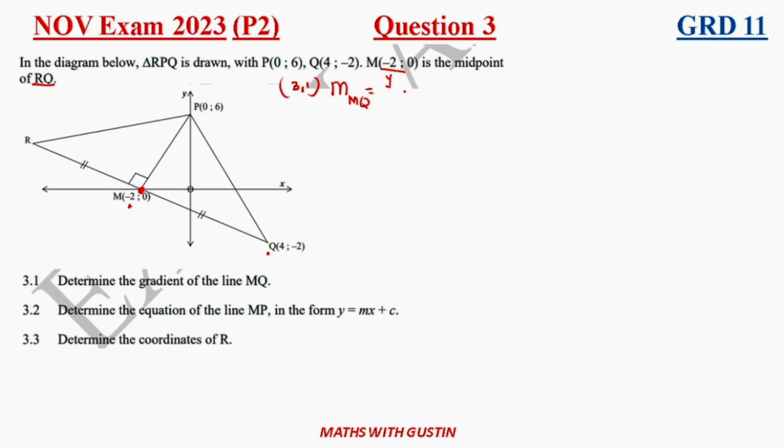So I can say here that it is going to be given by the y at M minus the y at Q all over the x at M minus the x at Q.